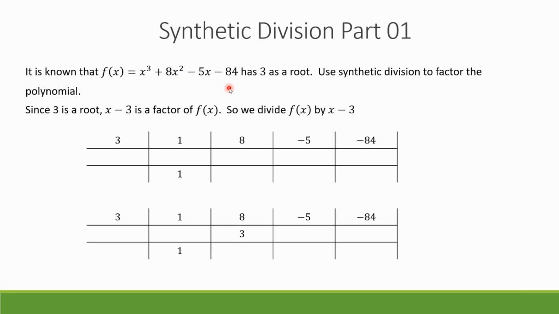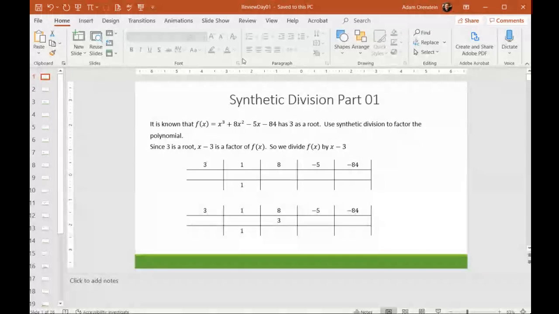Then by the factor theorem, x minus 3 is a factor of f of x. So if I divided this polynomial by x minus 3, I would get a quotient and a remainder of 0.